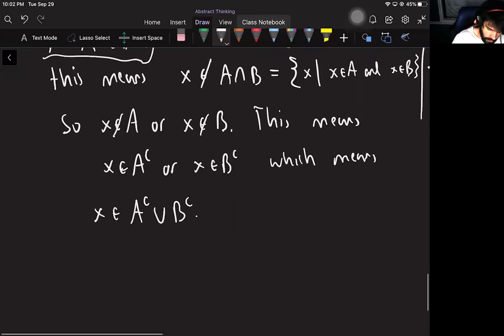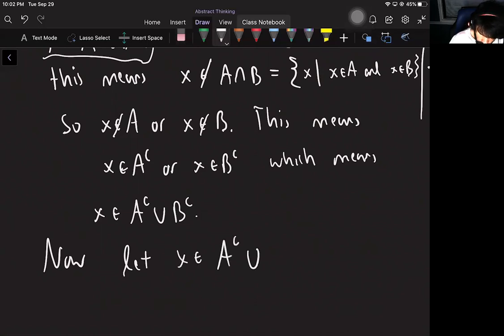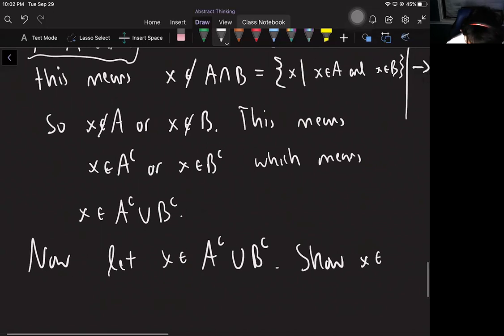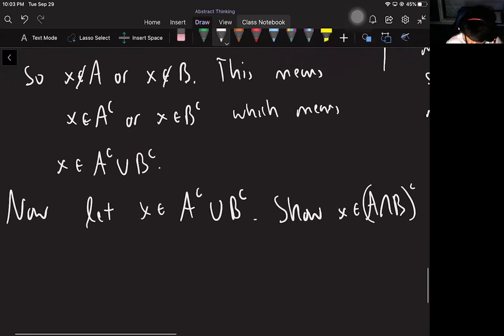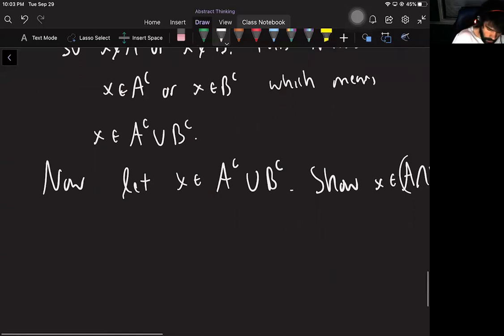Okay, so now the other one. So now I let X be in the other set first, and I show as a result that X will be in the set I started with. Okay, so let's see.